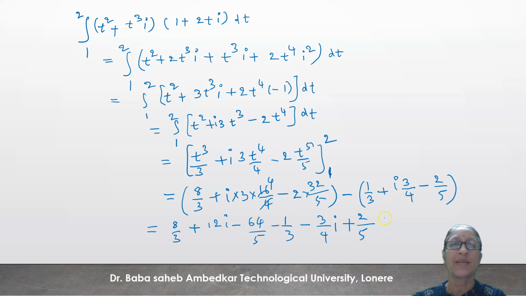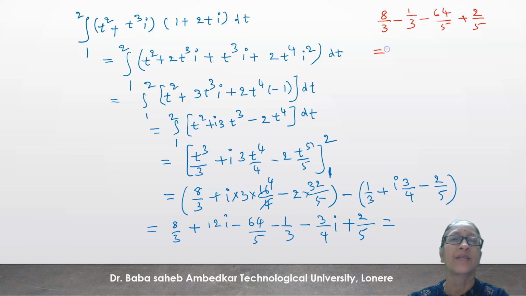Now 8 by 3 minus 1 by 3 minus 64 by 5 plus 2 by 5 is the real part.